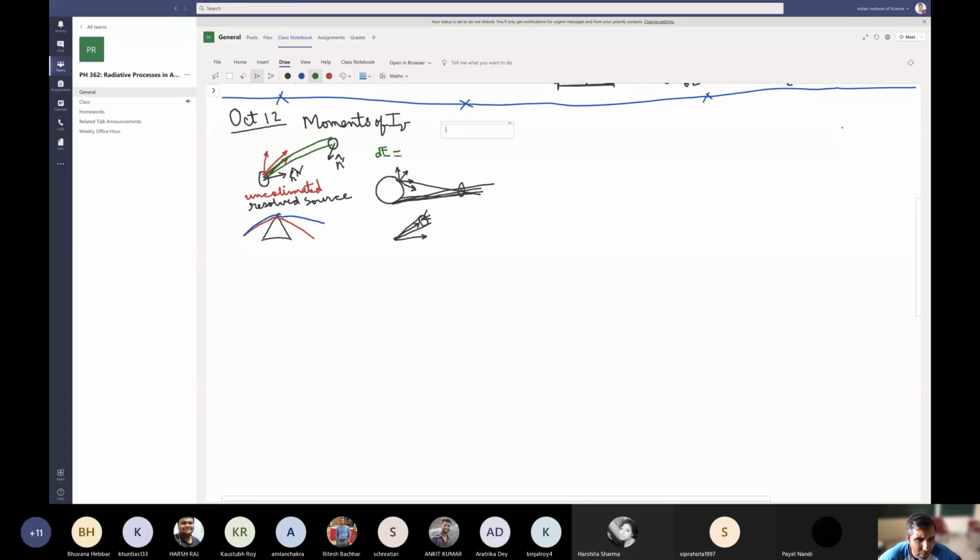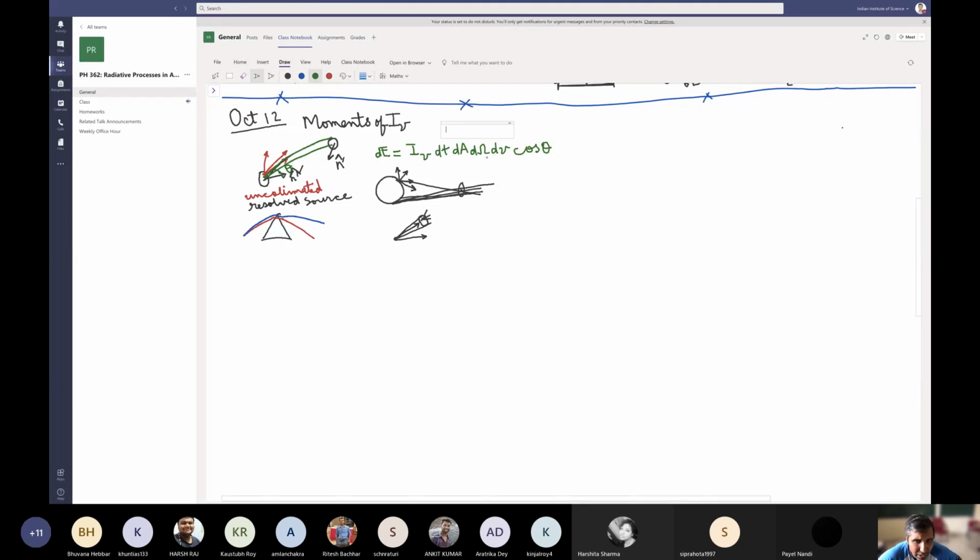So this is I nu times dt dA d omega d nu. And so if this angle is angle theta between the area and the solid angle subtended by the detector, there's a cos theta here.